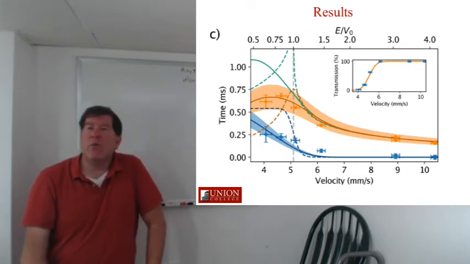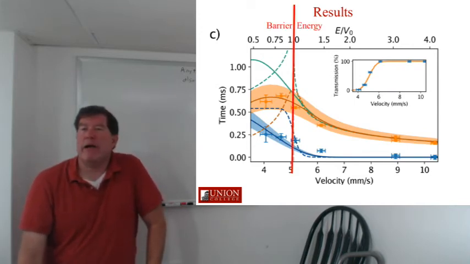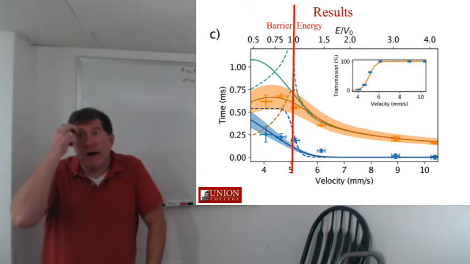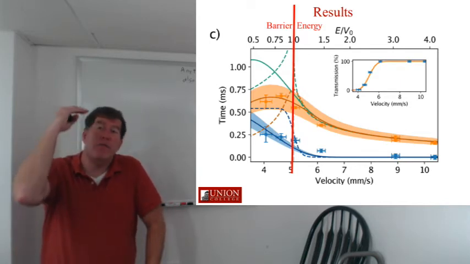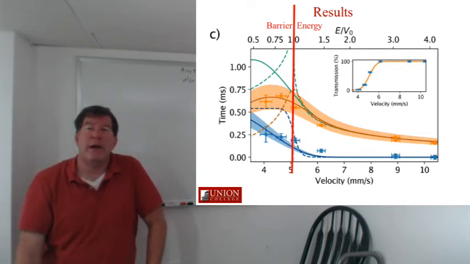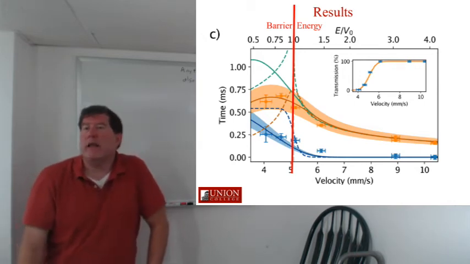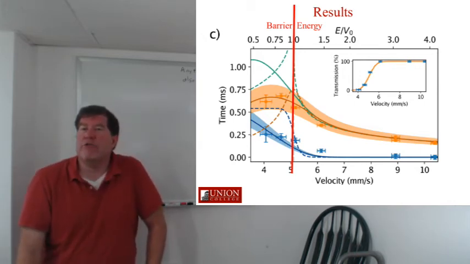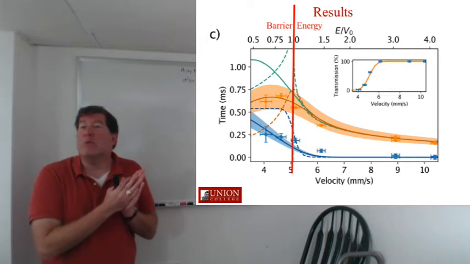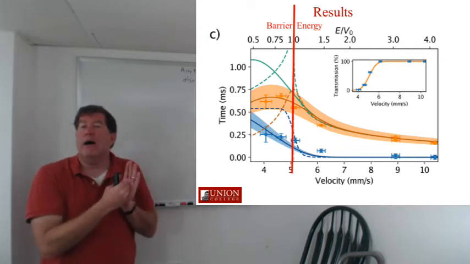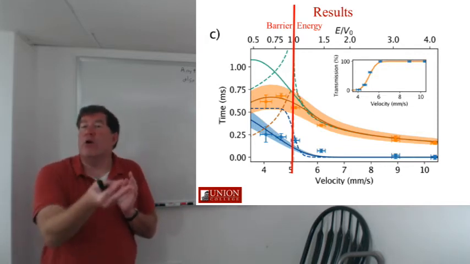So what's going on here? Well, the position of the barrier, right? The speed that corresponds to the energy of the peak of the energy barrier is about where this red line is, right? So that's the barrier energy. Atoms that are moving faster than that should have enough energy to get over the barrier.